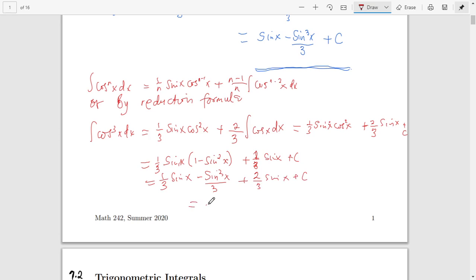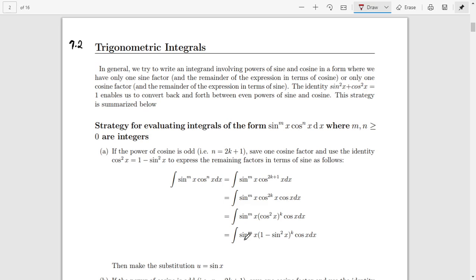So at the end of the day, I have only sine x, then minus sine cubed of x all over 3, and then plus c, which is the same as what I got using substitution above. So either method should work. However, in this section, we are going to develop some strategy to compute integrals that involve powers of sine and cosine.